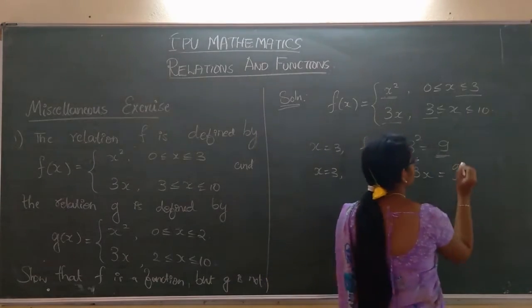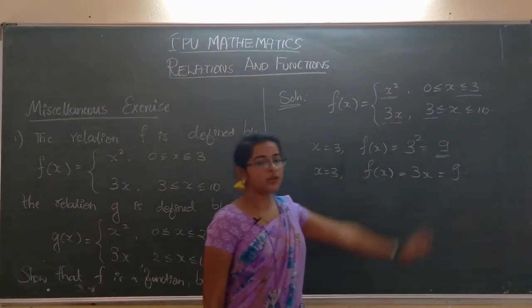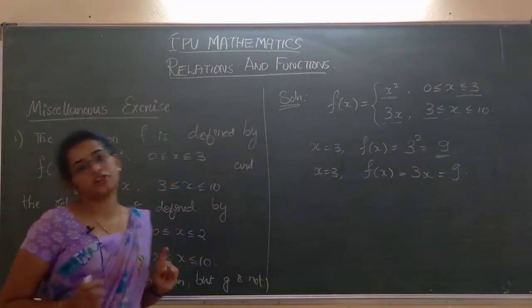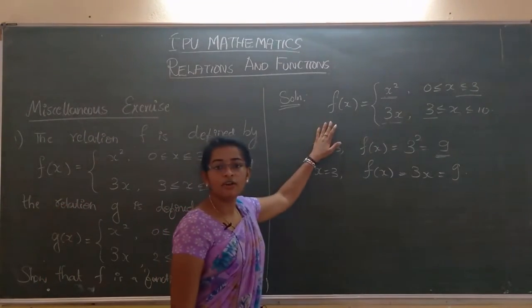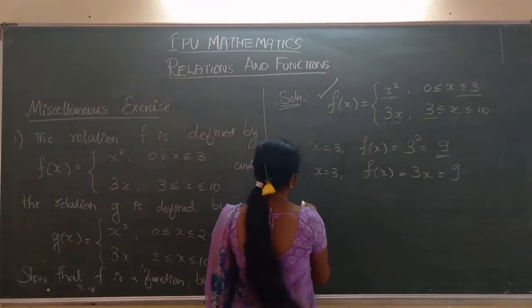So we get the function value to be the same. So for x equal to 3 also we get one and only one function value. That implies that f is a function.